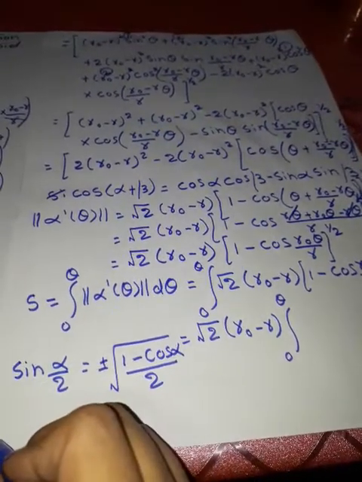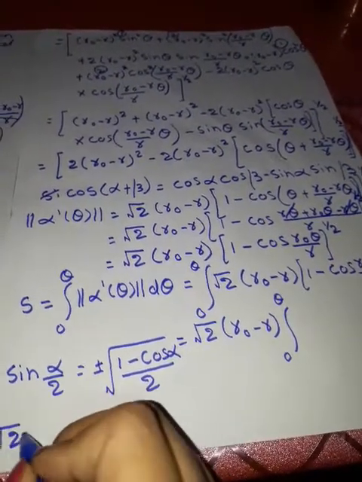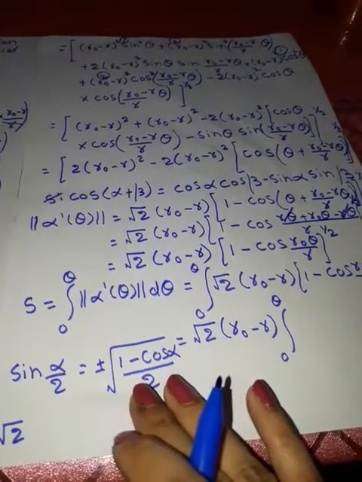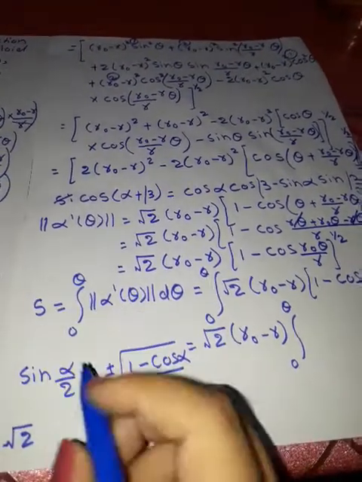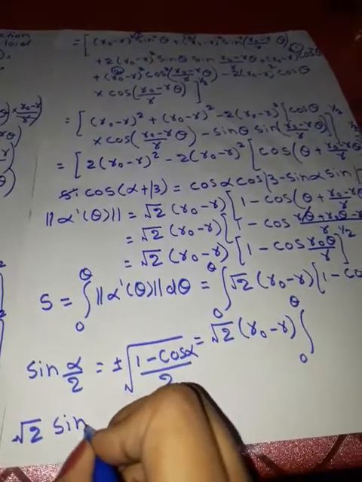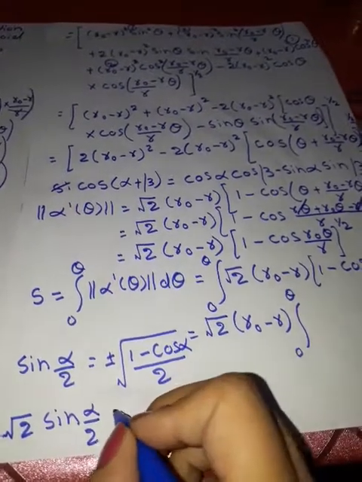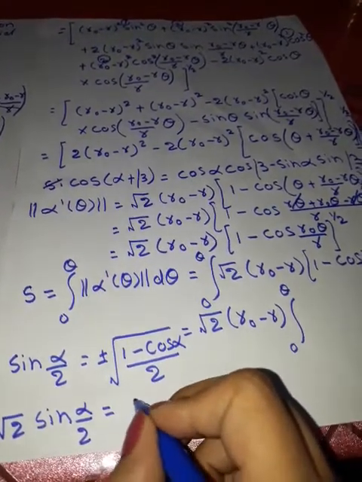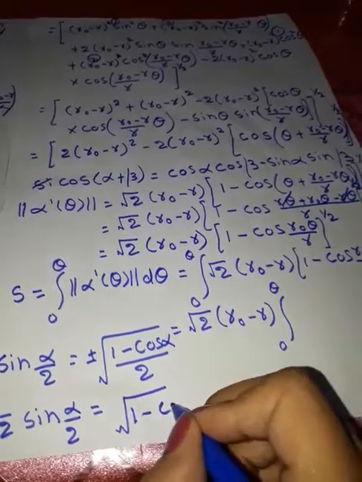So from here I have, by multiplying under root 2 on both sides, under root 2 sin alpha by 2 is equal to under root 1 minus cos alpha.